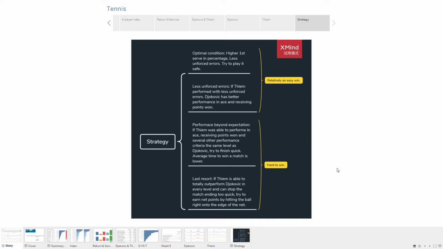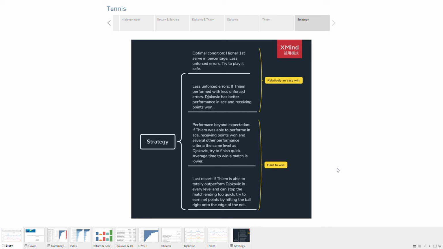If Thiem performs with fewer unforced errors, which means his unforced errors are below 40, Djokovic has better performance in aces and receiving points won. So we still think that Djokovic will make an easy win in this case.